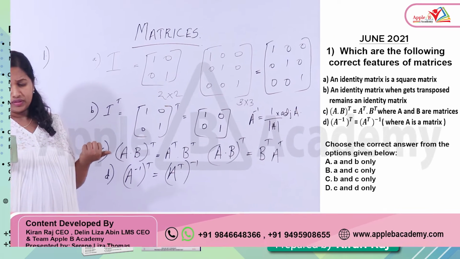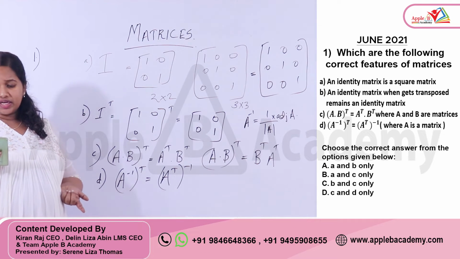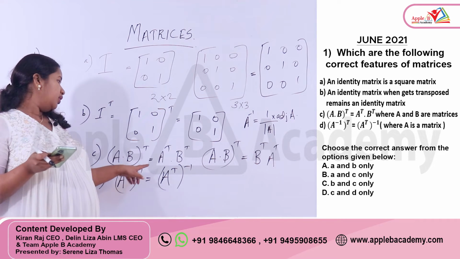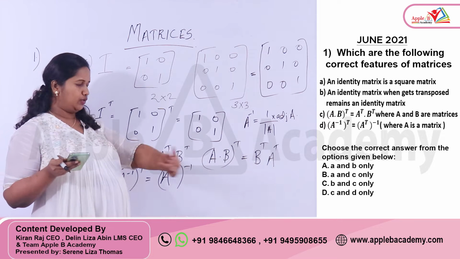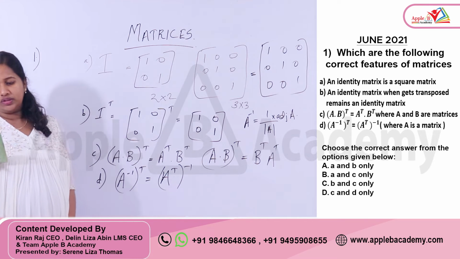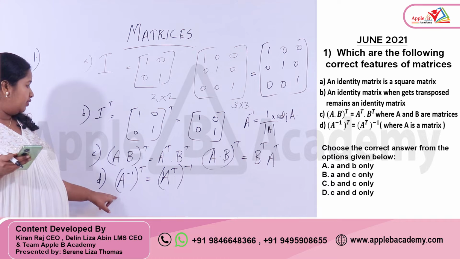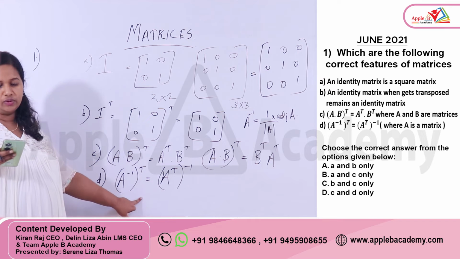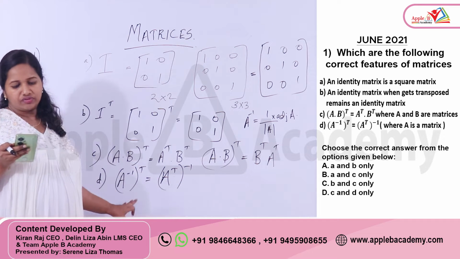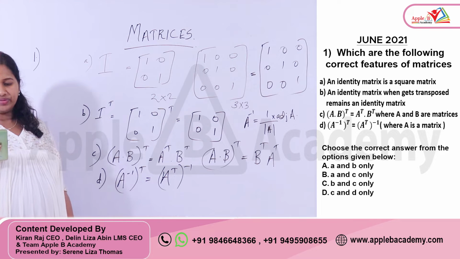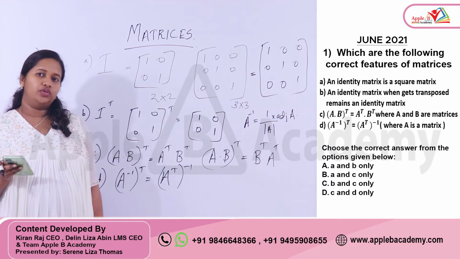The third statement, A into B whole transpose is equal to B transpose into A transpose, so the statement as given is wrong. And the fourth one, A inverse the whole transpose is equal to A transpose the whole inverse, is also correct. So, A, B and D are true.